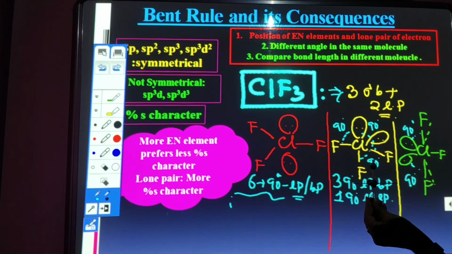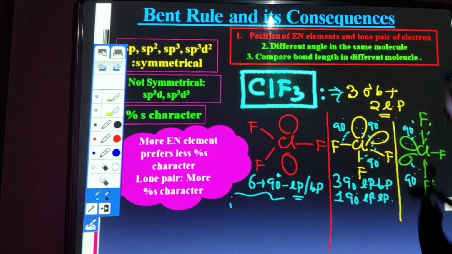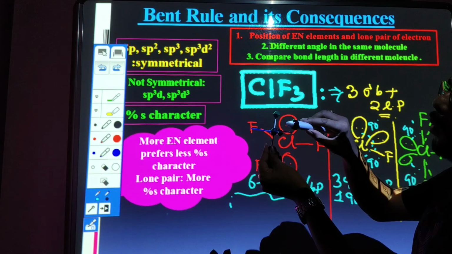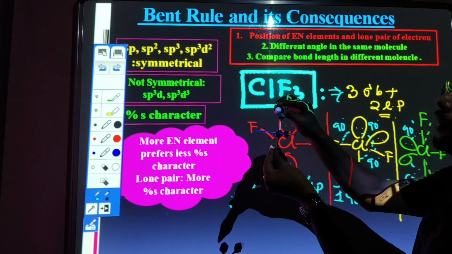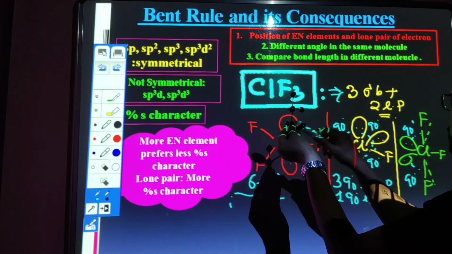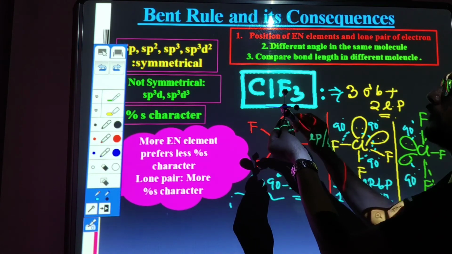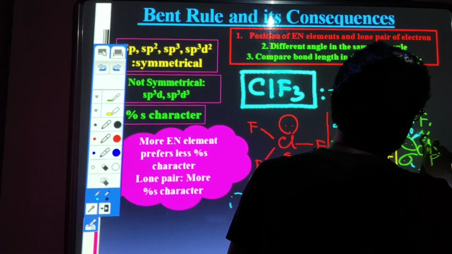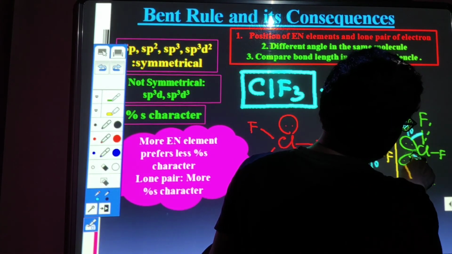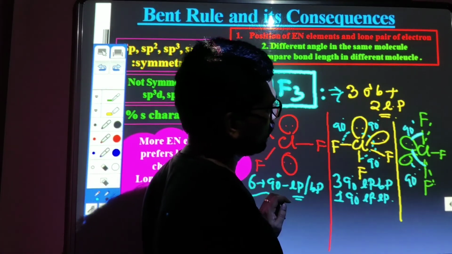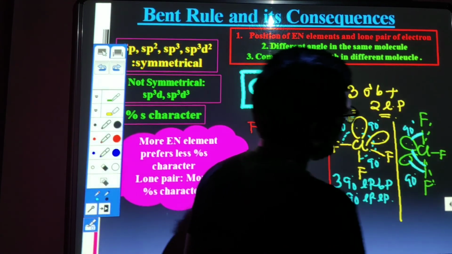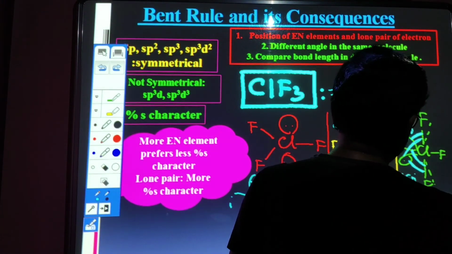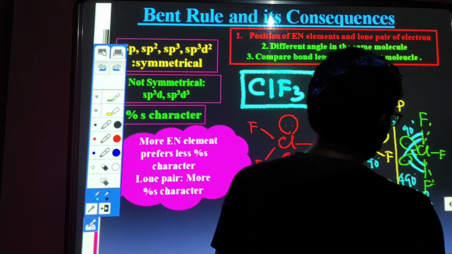Check it here. 1, 2, and from the bottom also 3 and 4. So 4 lone pair-bond pair repulsions at 90 degrees. You got it? This one 1, this one 2, this one 3, this one 4.